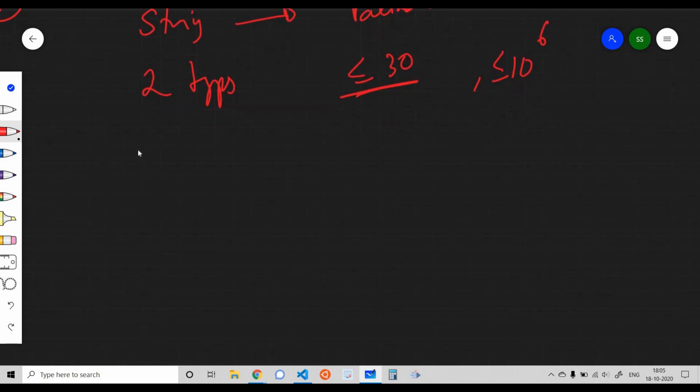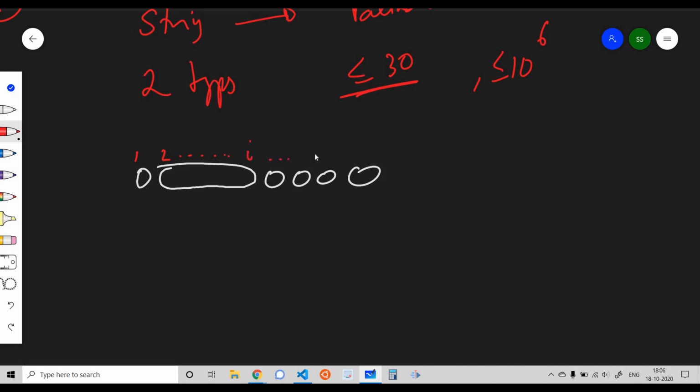And the 2 operations which we can make are, suppose this is my string, this is the first character and this is the last character. This is the first character, this is the second index, and suppose this goes till I. This is n-1 and this is n.